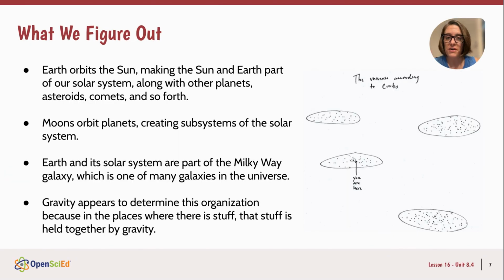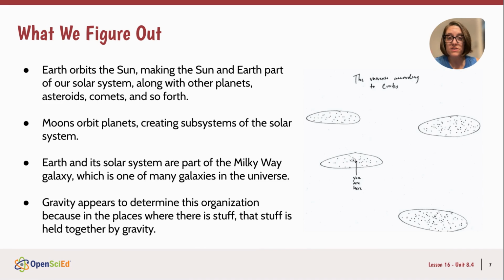So what students will figure out in depth in lesson 16 is the structure of the universe. Students figure out that the Earth orbits the sun, making the sun and all of those planets and objects that orbit it a solar system.